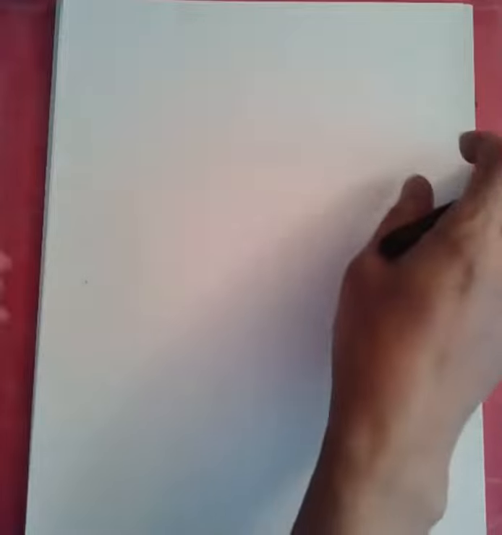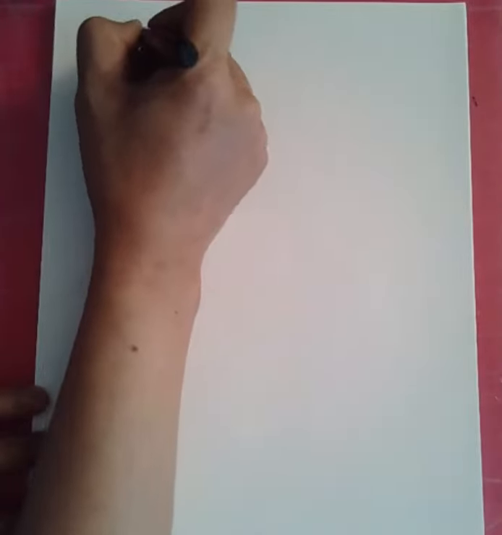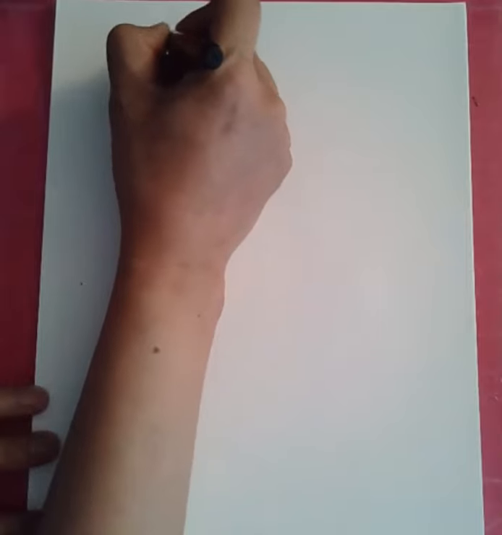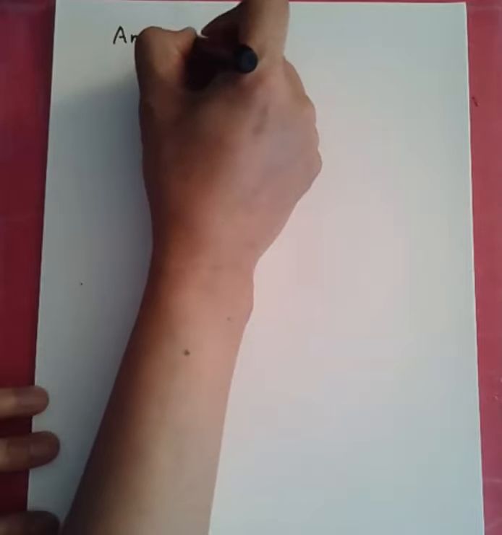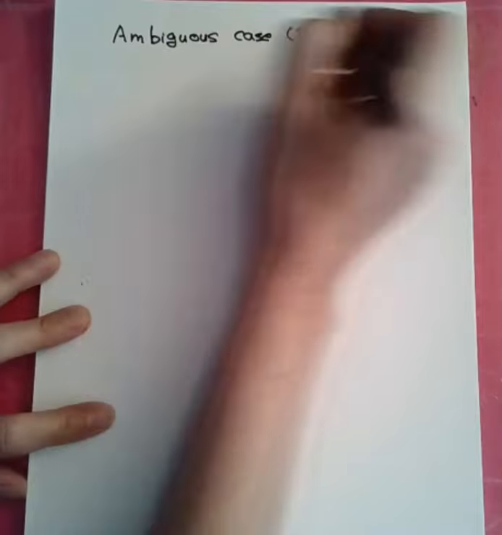The next example will be harder because that is the ambiguous case, which is side-side-angle.